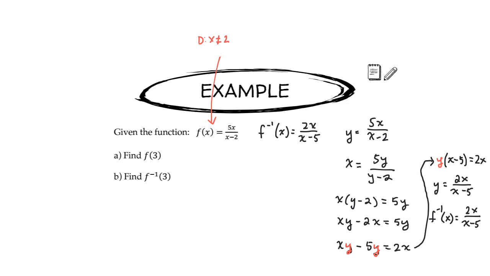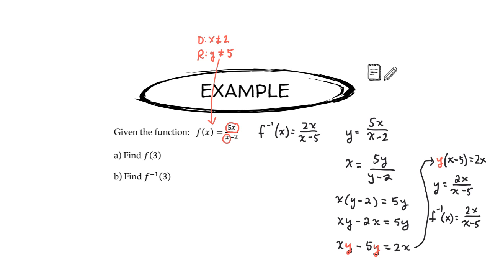I can also see that the range, f, cannot be equal to 5. That's because the ratio of the highest term in the numerator and the highest term in the denominator is 5 to 1, but this function will never be exactly 5 to 1 because of the minus 2 in the denominator.